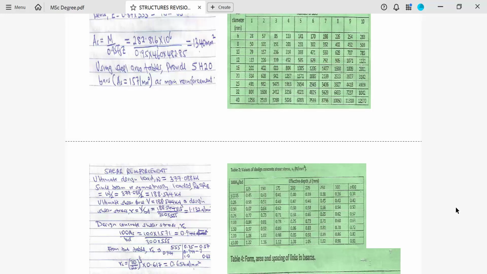0.944. Now look at the table on our right-hand side. Table 2, value of design concrete shear stress, Newton per millimeter square. Column 1 talks about 100 AS over BD, and column 2 talks about effective depth D in millimeter. Now let's get back.